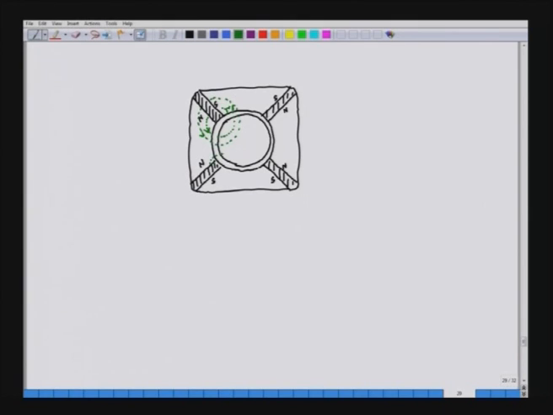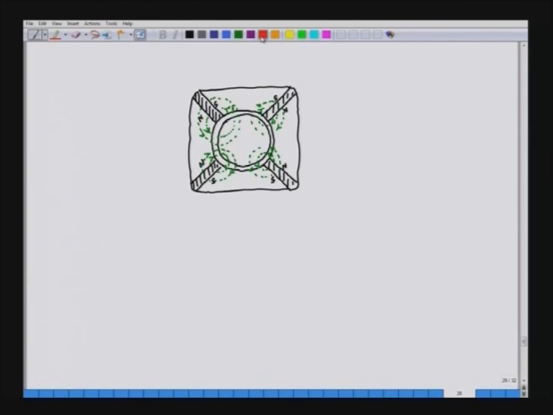For this, we can have the flux lines, north pole and then south pole. Similarly, we have the flux lines here, north poles and south pole. Here also we have the flux lines, and this is the north pole and this is the south pole.